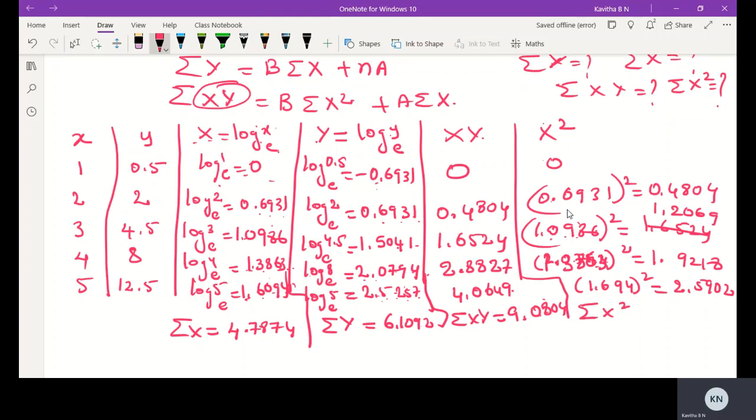Then summation of capital X square is what here? 6.1993.